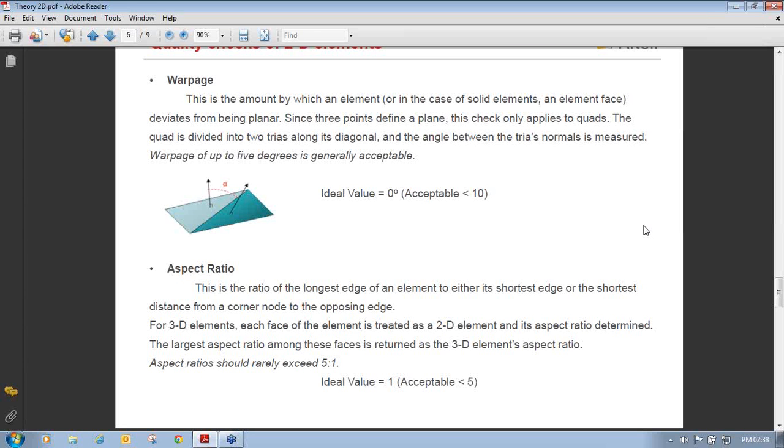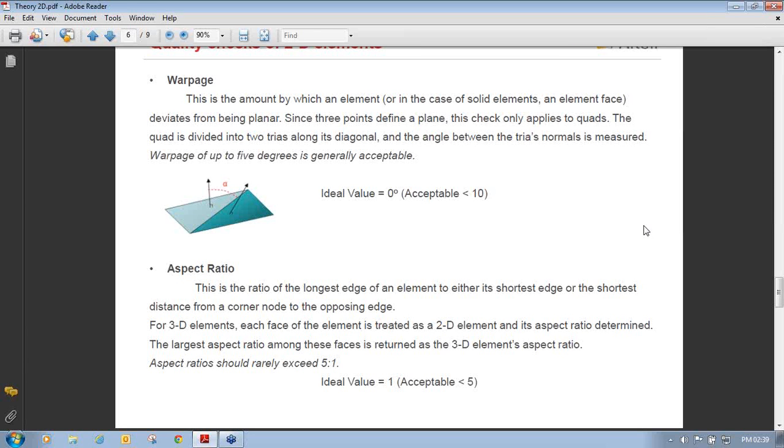For a 3D element, each face of the element is treated as a 2D element, and the largest aspect ratio among these faces is returned as the 3D element's aspect ratio.